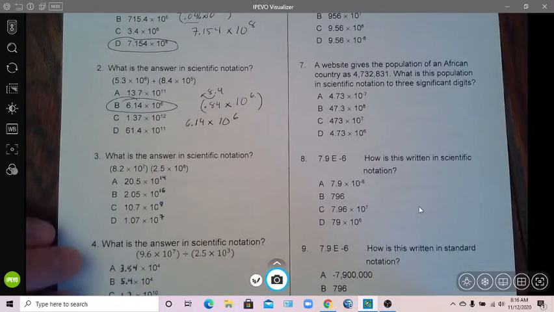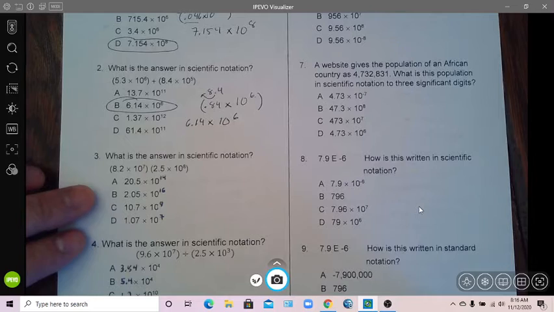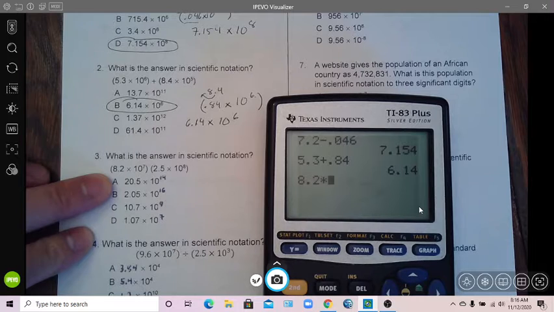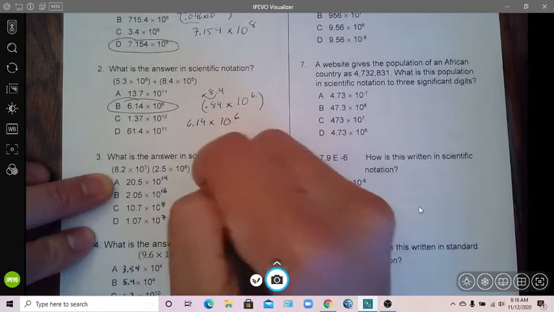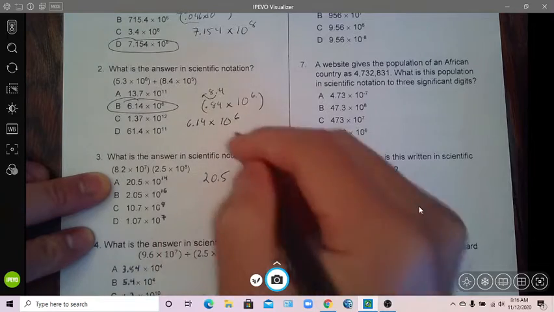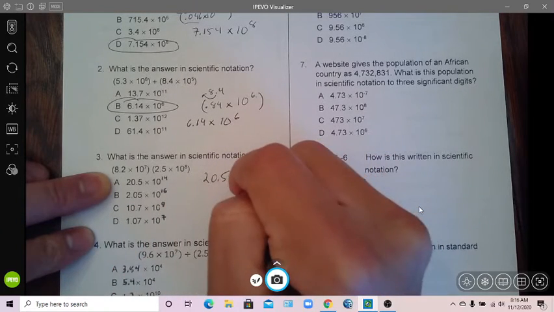What is the answer in scientific notation for number 3? This is a multiplication problem here, so I'm going to multiply the 8.2 times the 2.5. So you get 20.5. And add the exponents. 7 plus 8 is 15.